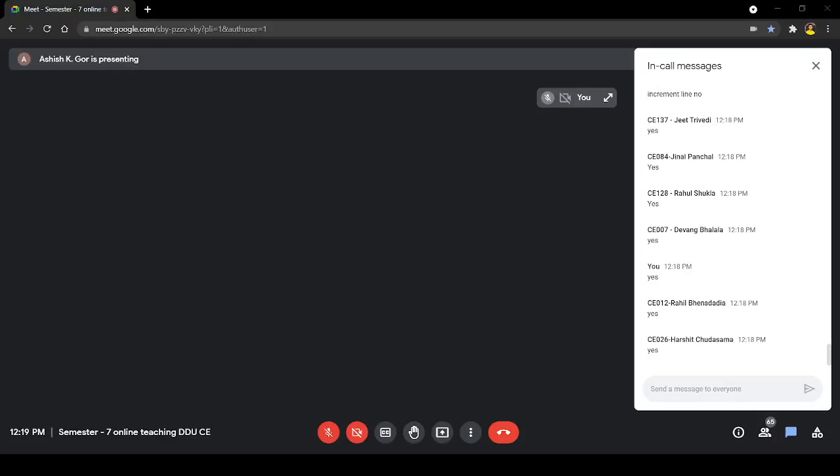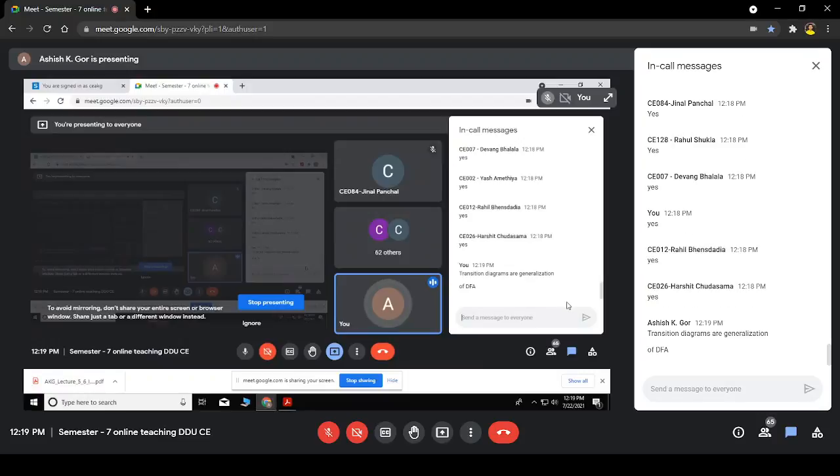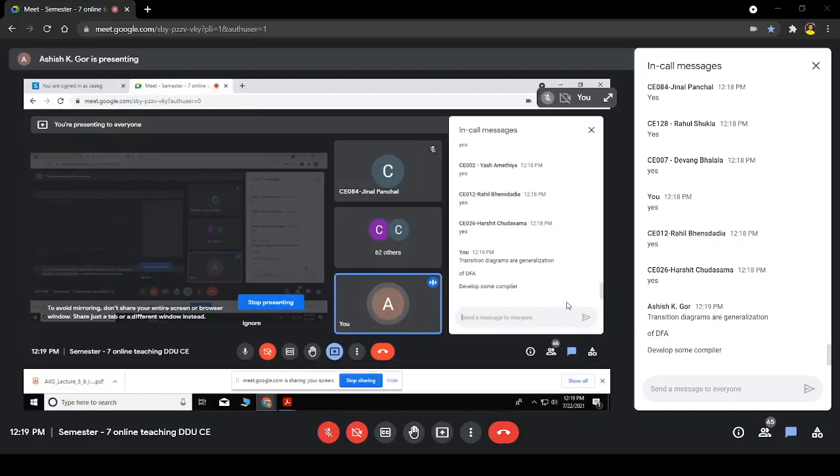Actually, these things are generalized to transition diagrams. So see, let me give you a hint. Suppose you are given a project that develops some compiler. You are given some programming language, you have to make a compiler.